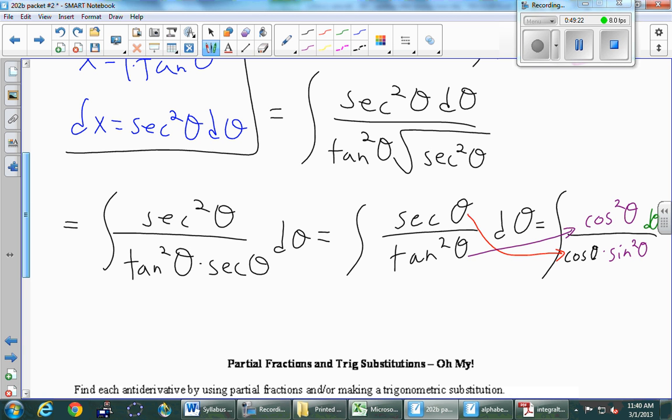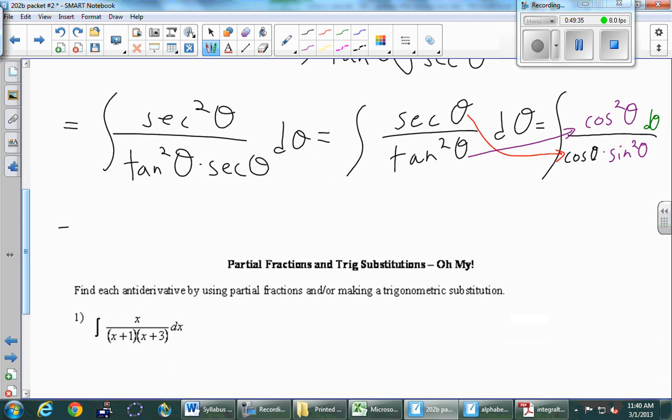All right, and Topher's right in that we've got everything with sines and cosines, and maybe we have more cancellation. And we do. What cancels? One of the cosines. So let's cancel one of the cosines. And we get, what do we get? Upstairs is cosine, downstairs is sine squared.